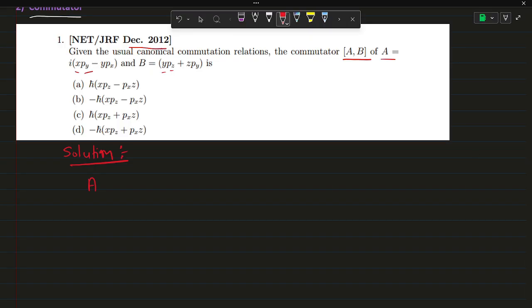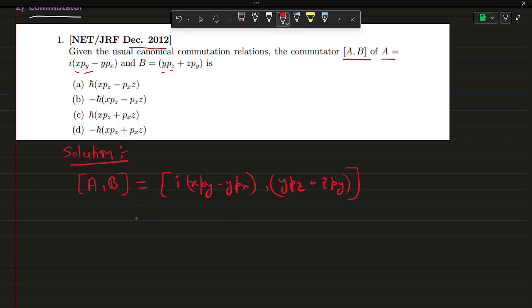the commutation of A and B will give, with A = i(x py − y px) and B = y pz + z py.